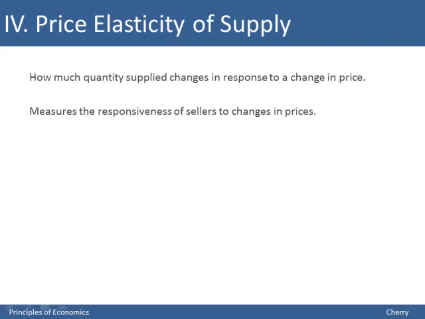All right, so the price elasticity of demand was looking at the demand side of the market, how buyers respond to price changes. The price elasticity of supply is looking at the supply side of the market. So it's looking at how the sellers are responding to price changes. Calculate it in a similar way. It's the percentage change in quantity supplied over the percentage change in price.